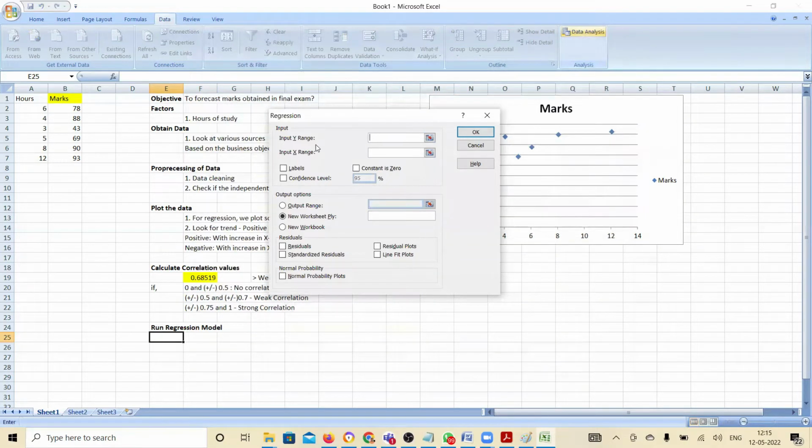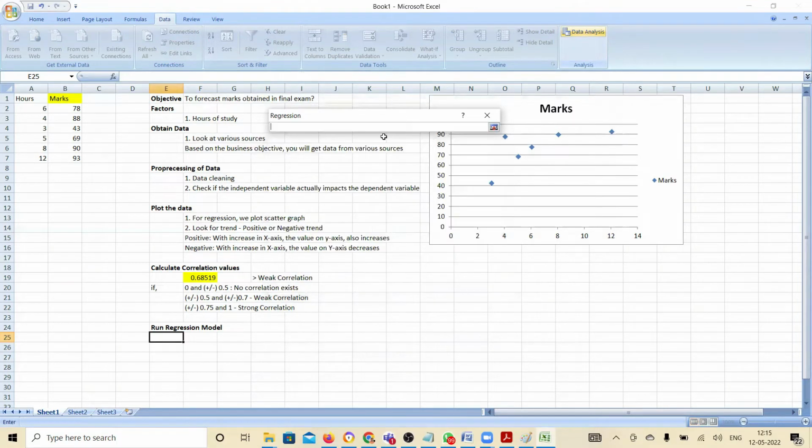So input Y range. What is Y range for us? Marks. Marks, correct? So which is B2 to B7. You can type B2 to B7, or you can click on this and select B2 to B7.